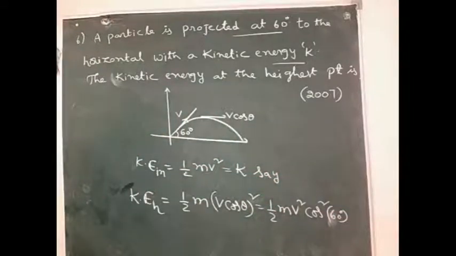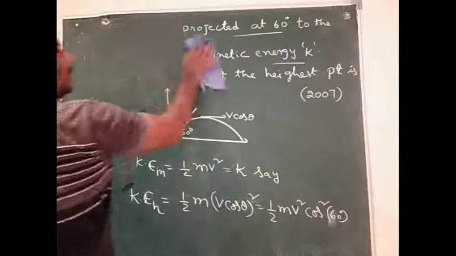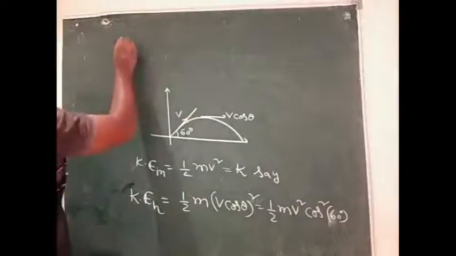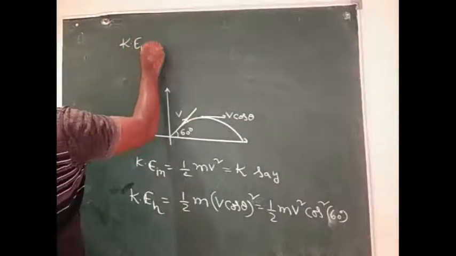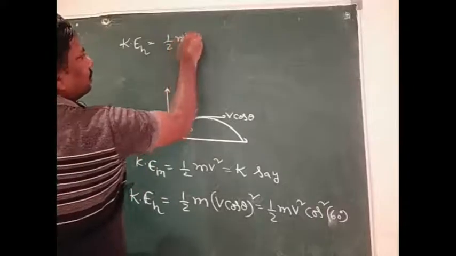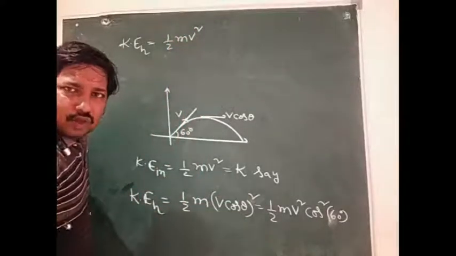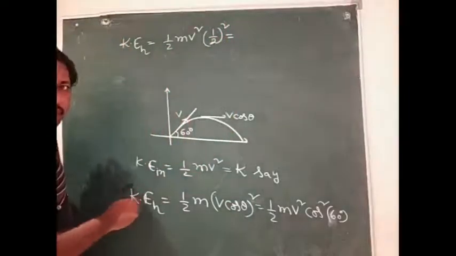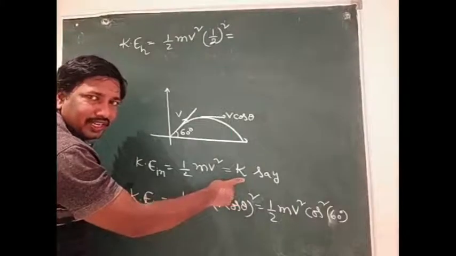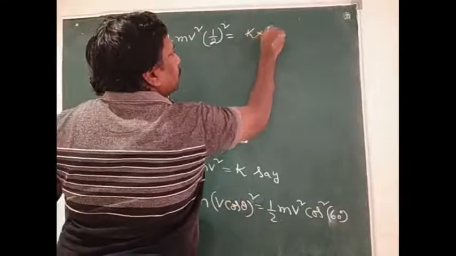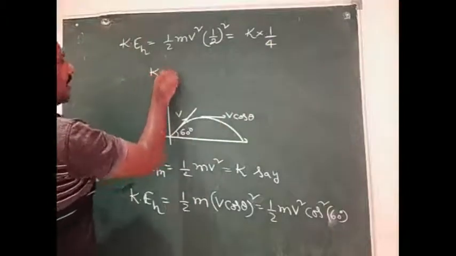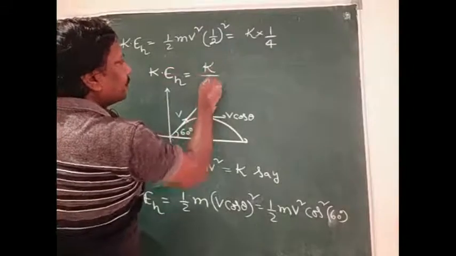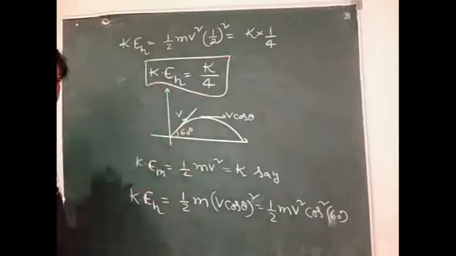Kinetic energy at highest point KEH equals half m v square. Here cos 60 is 1 by 2, so cos square theta means 1 by 2 whole square. Half m v square is equal to initial kinetic energy K, so K into 1 by 4. Therefore kinetic energy at highest point KEH equals K by 4. This is the answer.